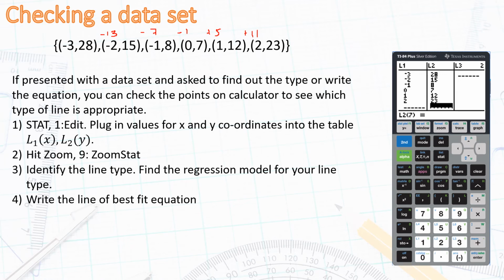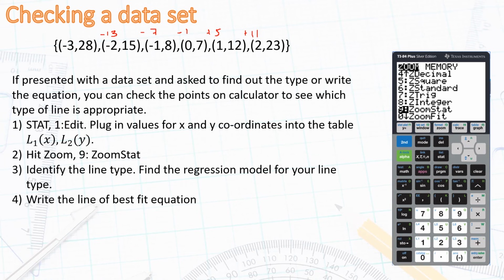And then second step is to hit zoom 9. So the zoom button is on the top row. You can see it in the center there. And 9 is zoom stat. It's going to adjust the window, so what you can see on the graph, to fit all of the stats in. So zoom 9. And then from looking at those dots, we can see, oh, this has got that classic U shape going on. This is a quadratic.